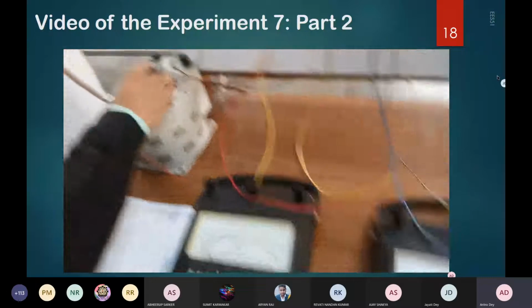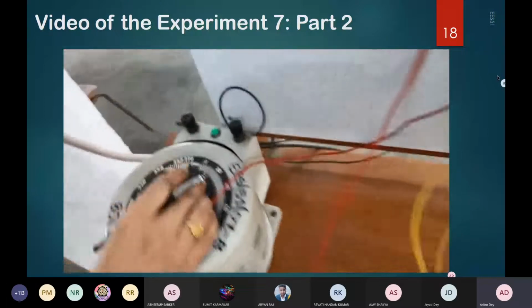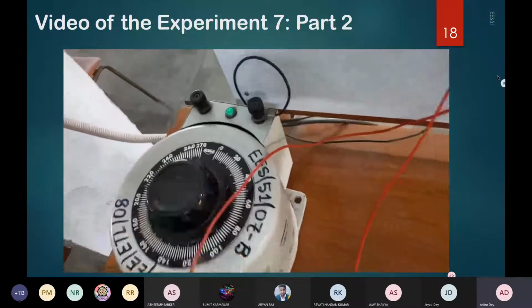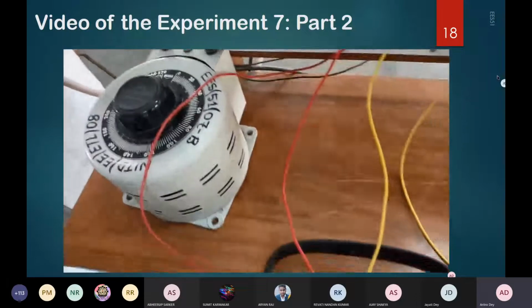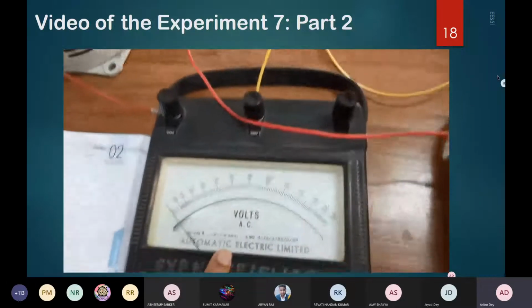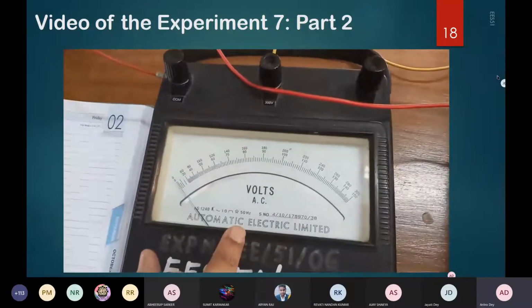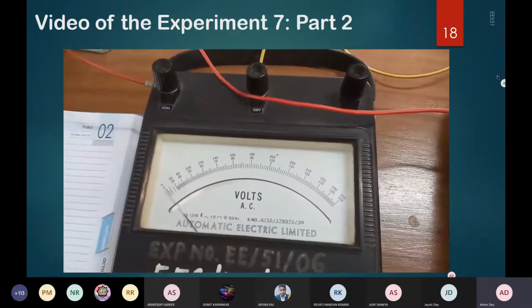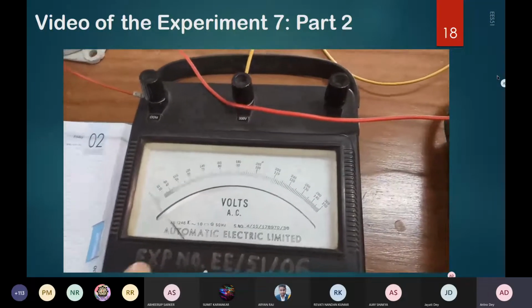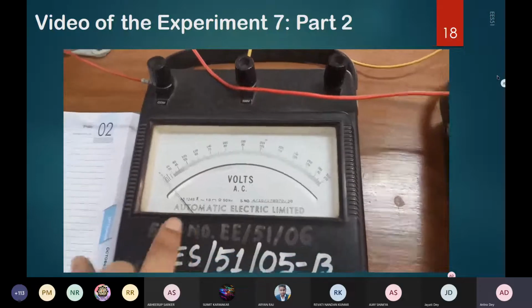This is the minimum position of the rheostat, and with this we are taking the reading. Now it is at the 0 position, so gradually we are increasing the voltage from here, which will be reflected in this voltmeter V1. If you compare voltmeter V1 and V2, you will see almost the same reading.